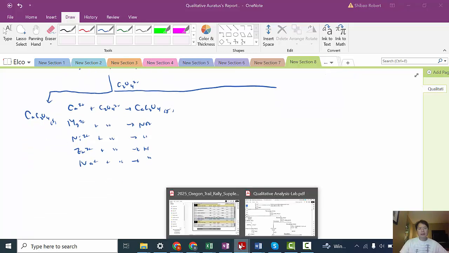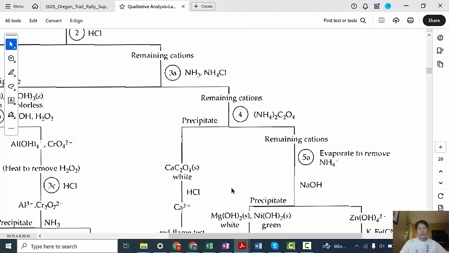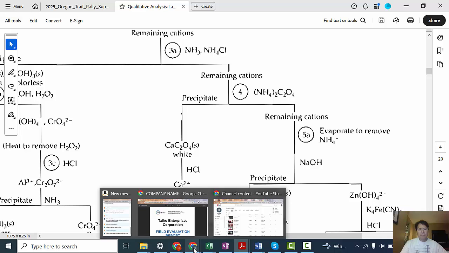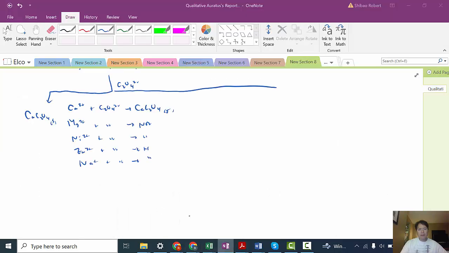Okay, then what are we going to do next? We're going to dissolve the calcium oxalate in hydrochloric acid. That yields the calcium ion. And so we'll do the Ksp equation.